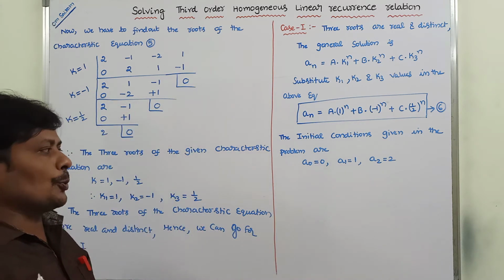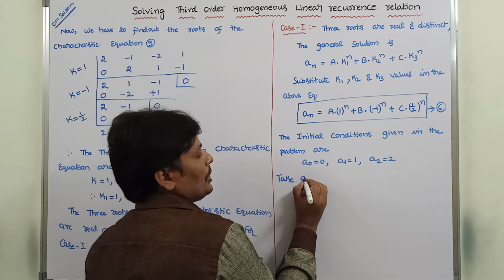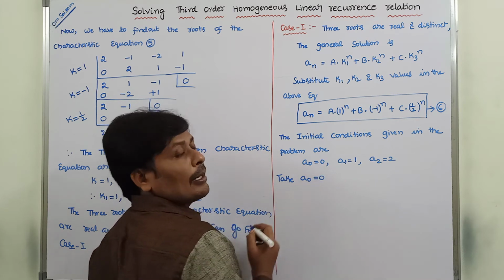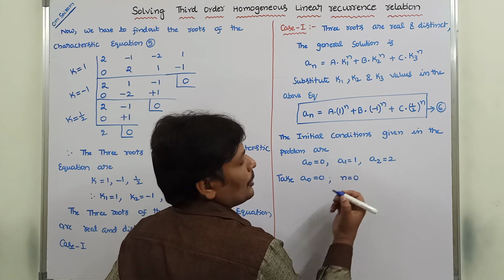So 0, 1, 2. So take A0 is equal to 0. That means n is equal to 0.